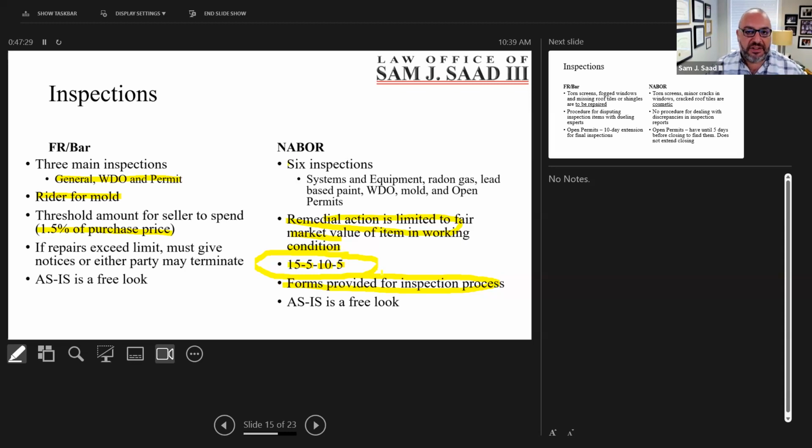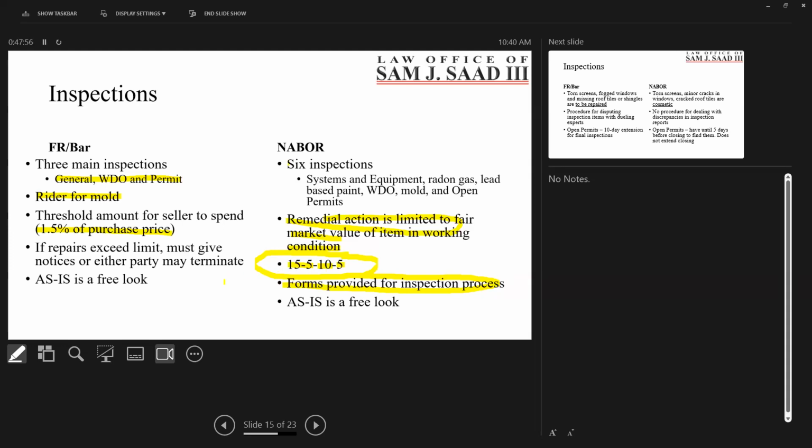The seller then has 10 days to negotiate and review the inspections, and determine if they want to complete the repairs. If the seller counters the buyer's election or rejects it, because the seller is not obligated under the NABOR contract to make repairs, then the buyer would have 5 days to terminate.